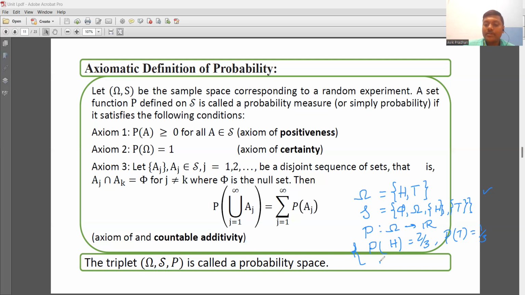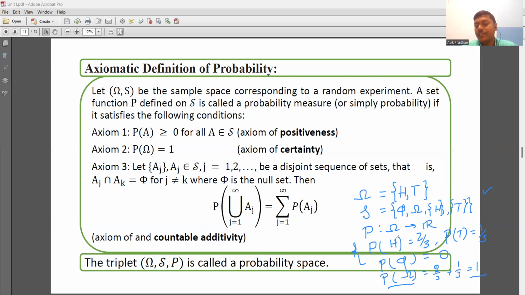For the empty set, the probability is equal to 0, and the probability of omega is 2/3 plus 1/3, which is equal to 1. So the probabilities of all the events corresponding to this experiment are greater than or equal to 0, and the probability of omega is equal to 1. And if I take any two disjoint sets like H and T, then the probability of the union is going to be the sum of the individual probabilities. So this definition of the function will be a probability measure.